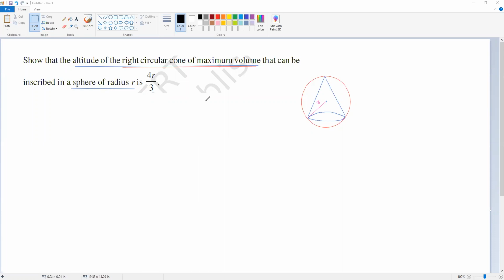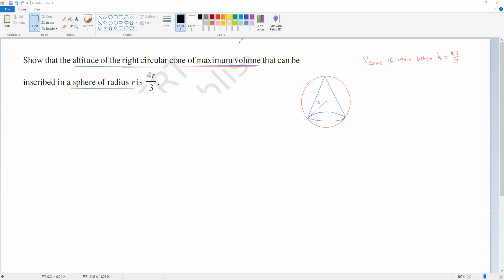So हमें प्रूफ करना है कि volume of cone is maximum when altitude of the cone, height, is equal to 4r/3. This is what we need to prove. Volume of the cone is maximum when height is equal to 4r/3.